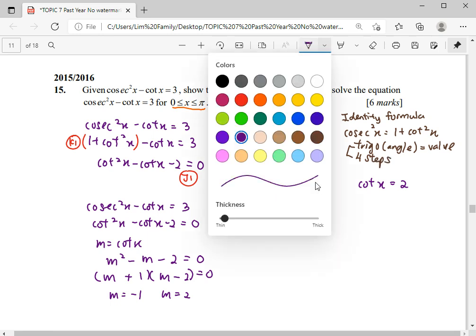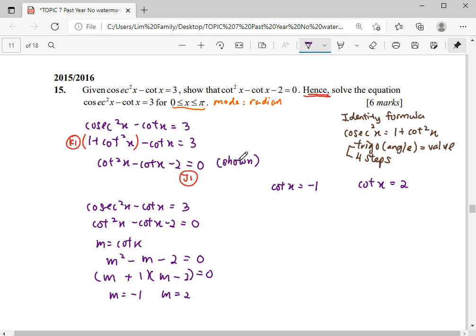So come back to the answer here. One part of the answer is cotangent x equals negative 1. So the trigo is cotangent, the angle is x, and the value is negative 1. We start with our first step, looking at our range. Our range here is 0 until pi.